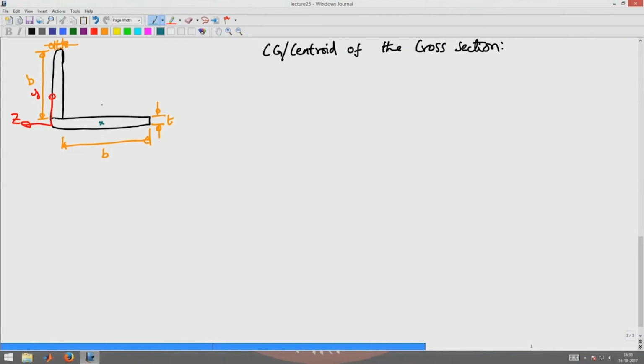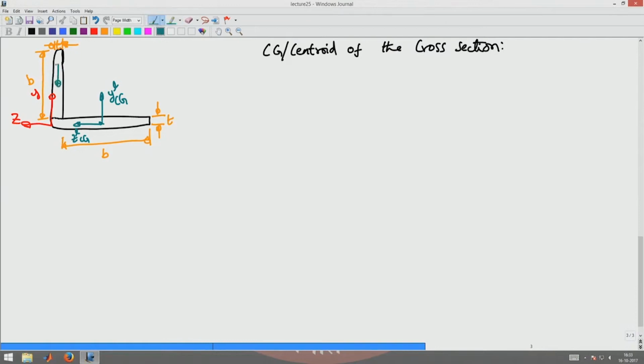Let us say that this centroid is y leg centroid, and this is z leg centroid. For the other leg, there will be another centroid, which is here.